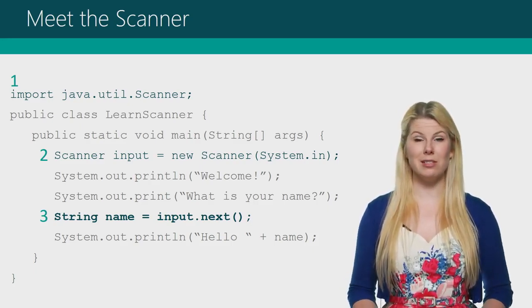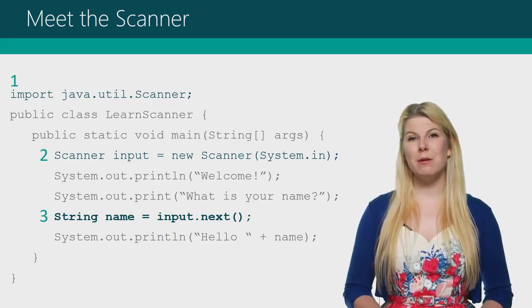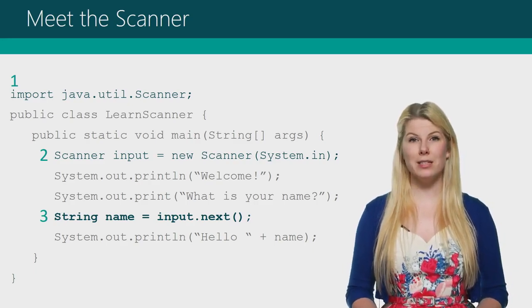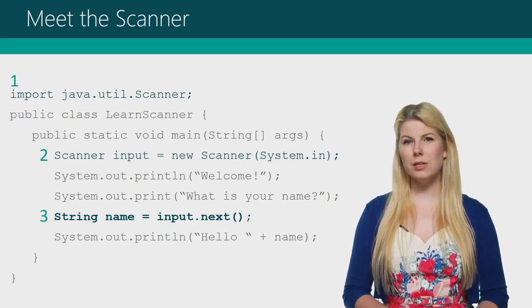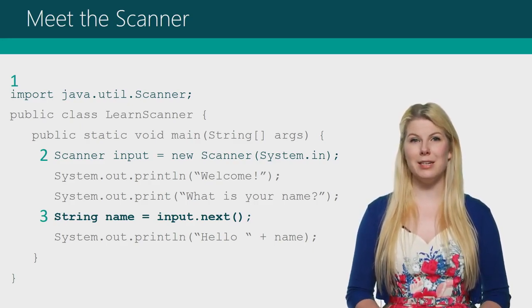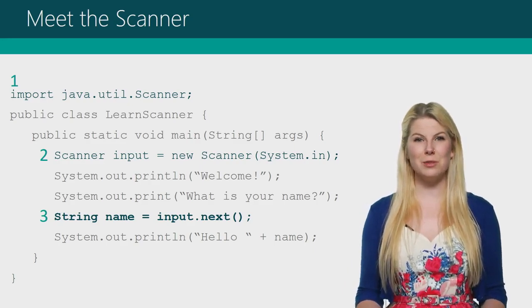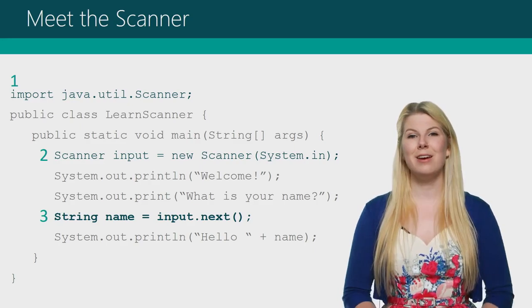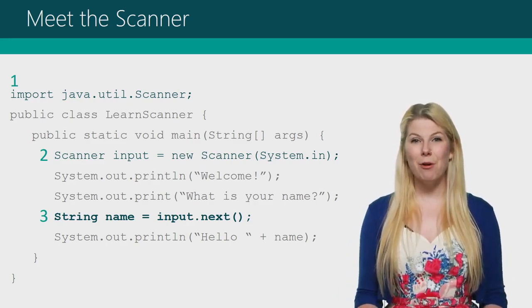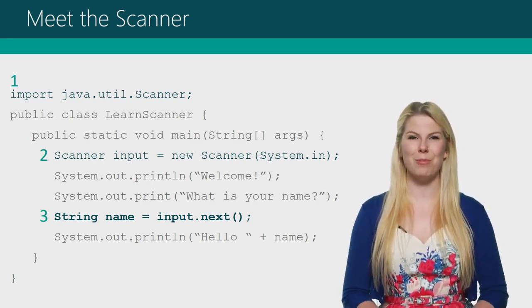And it'll wait as long as it needs to. That's what the input.next will do. It's going to wait until the user types in a string and hits enter. Once the user hits enter, whatever they typed in is going to get saved into the variable that we've created here. So in this case, whatever they type in is going to get saved in a string called name. Once we've got that variable, then we can go back and use it and greet the user appropriately.